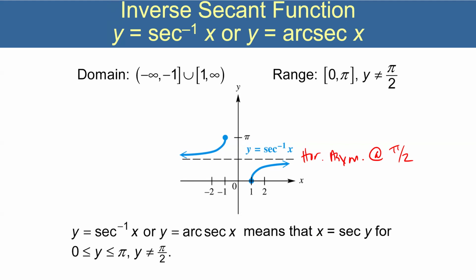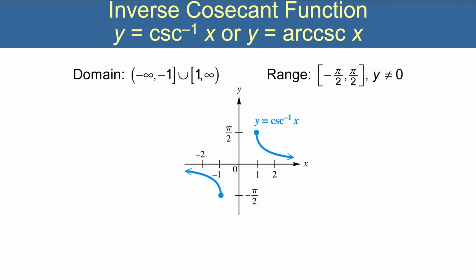Okay. So again, asymptote. And then our last but not least is our cosecant. And this time your horizontal asymptote is at 0. We're in quadrant 1 and 4.